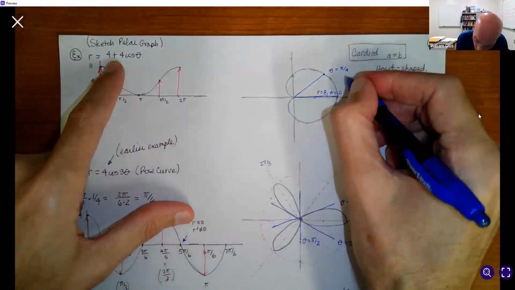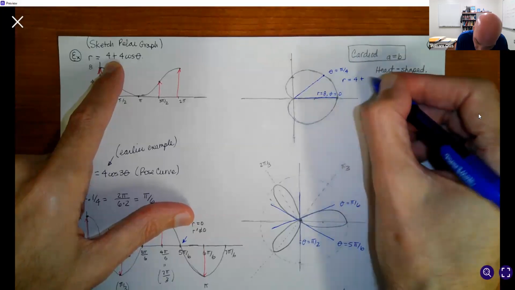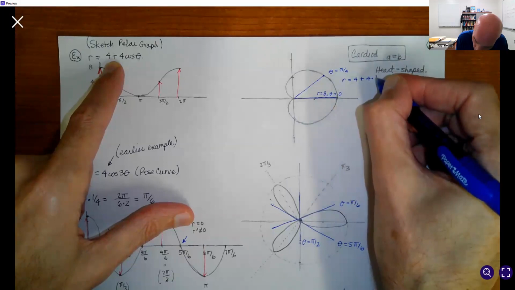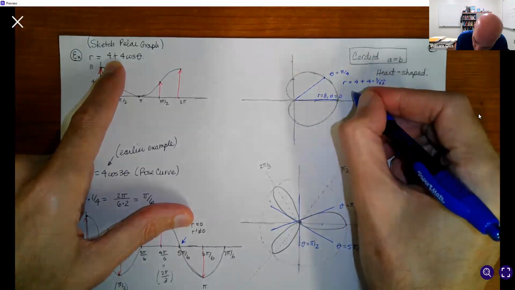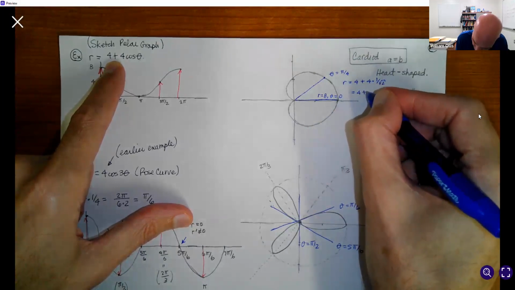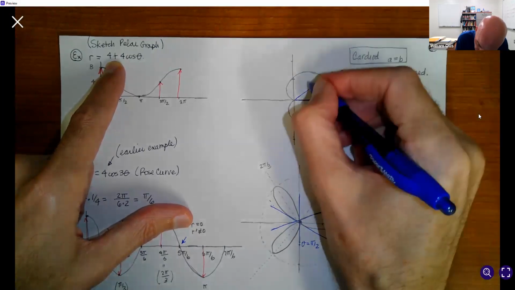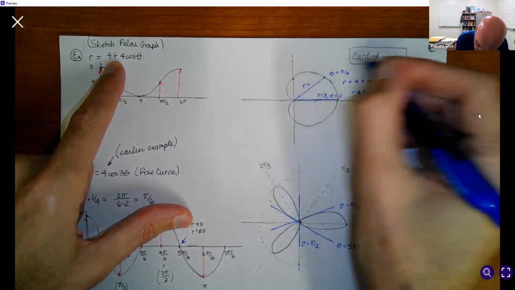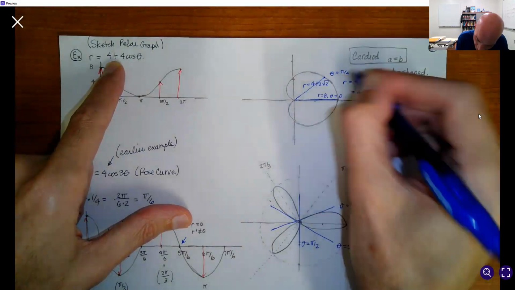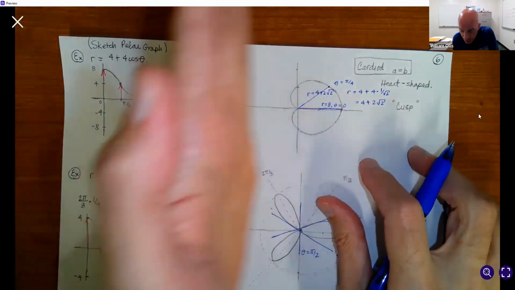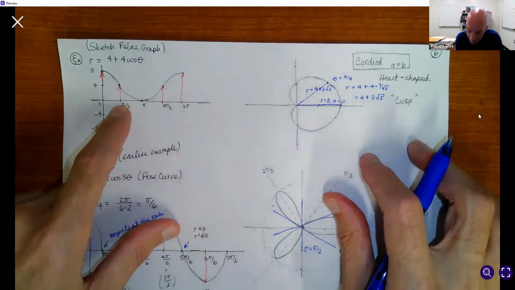So at pi over 4, we have r equal to 4 plus 4 times 1 over root 2. Again, that's what we did before. And of course, that's 2 root 2. So we have 4 plus 2 root 2. So that's our value of r here. So we can just write r equals 4 plus 2 root 2. And then as we continue to progress around to theta equal pi over 2, notice we have a value of 4.